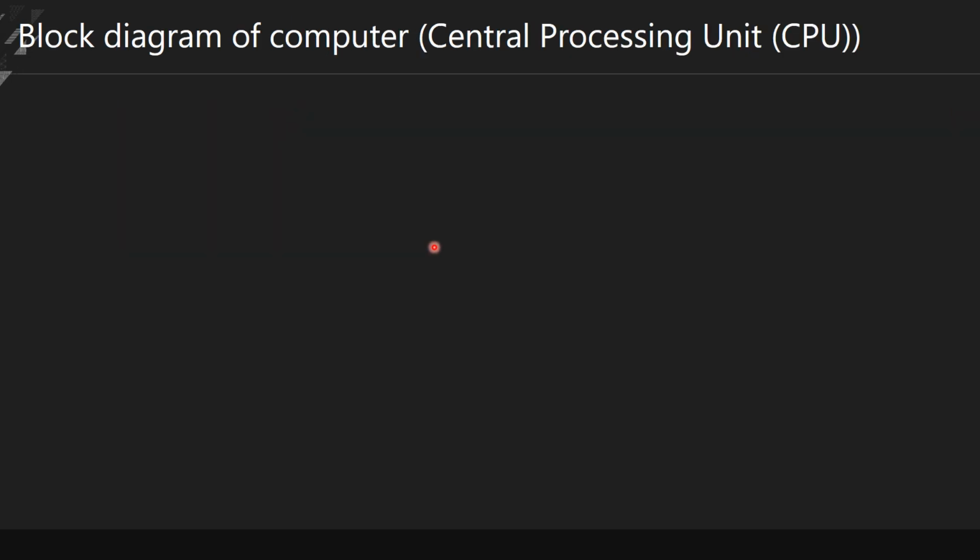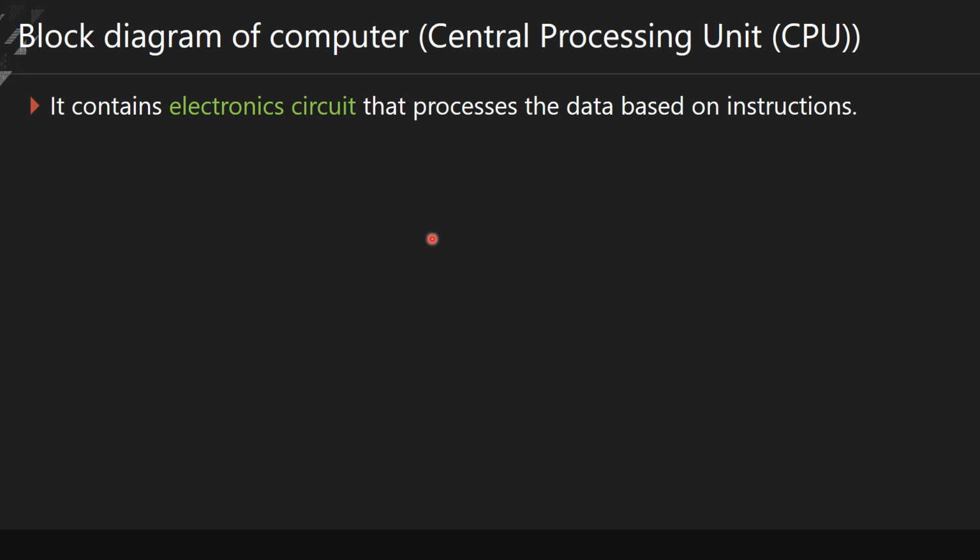The central part of the computer, as you have seen in the block diagram, is called the CPU, the central processing unit. It contains electronic circuits inside. If you open any CPU, you would have seen them already. Each of these electronic devices does its own task, processing data based on the instructions given by the user.